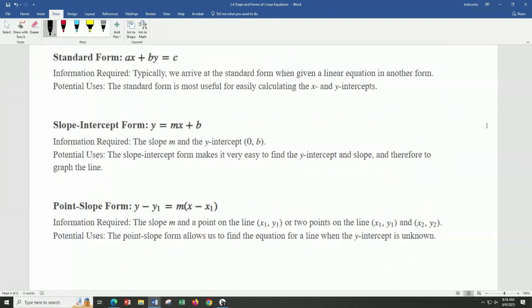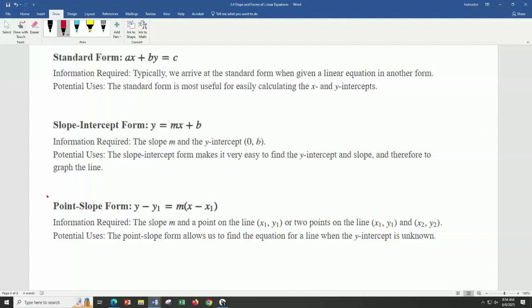And they tell you what you need to have them. Notice for standard form, basically what they're saying in that first line is this: to get to that one, either I'm going to give it to you, or you're going to find it some other way and get it there. Like you'll find point slope form, put it in the formula, get it back to y-intercept, or continue further and get it to standard. And that is usually the progression.